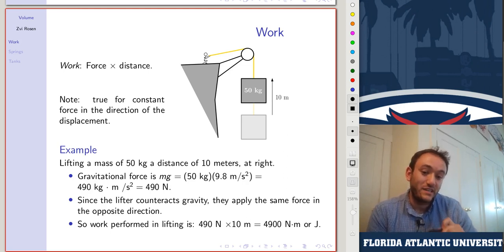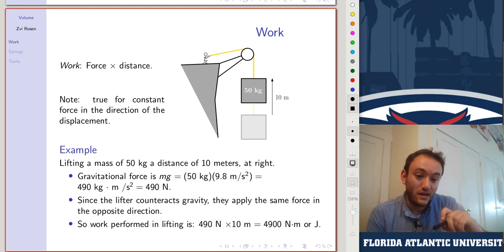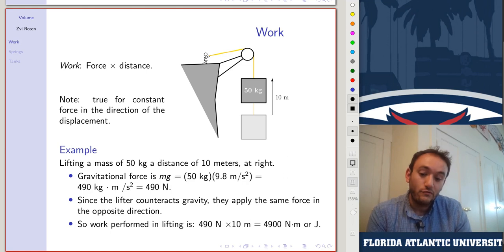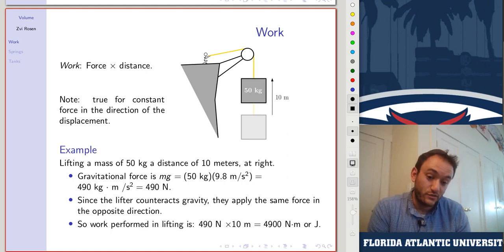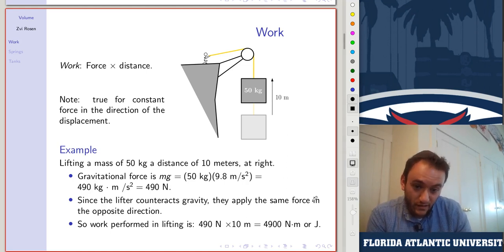And then since you're displacing the object 10 meters upwards, which is in the direction of the force you're applying, you would get 490 newtons times 10 meters, or 4,900 newton meters. A newton meter is also called a joule, and I'll write that here. This is joule.